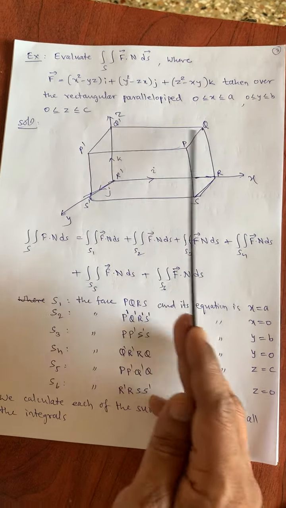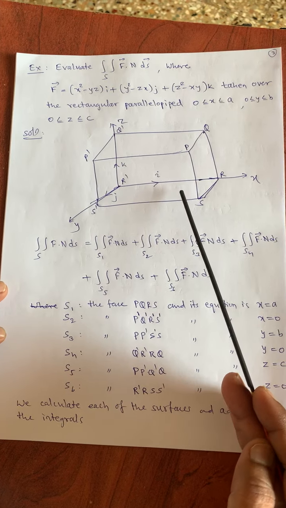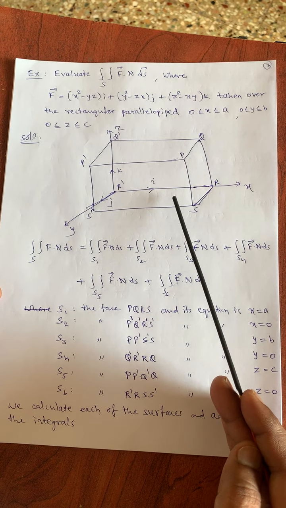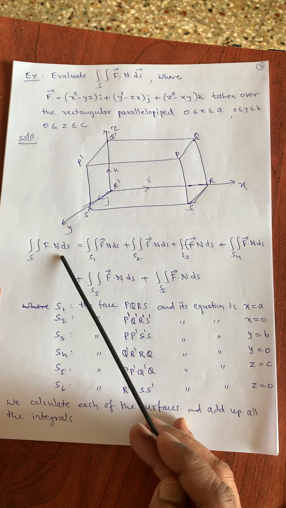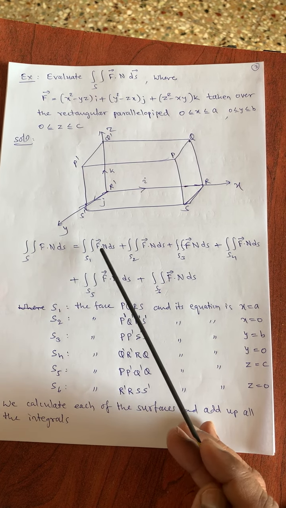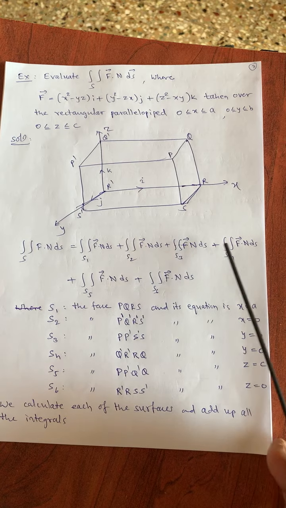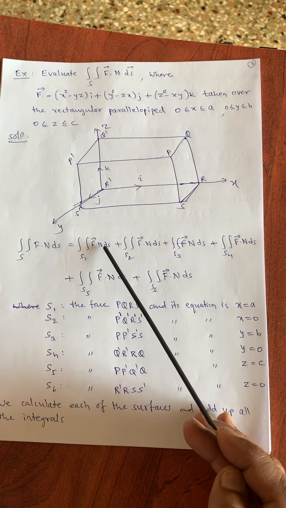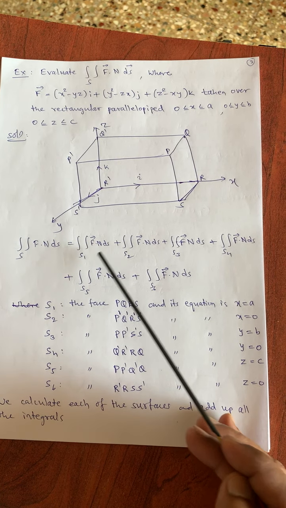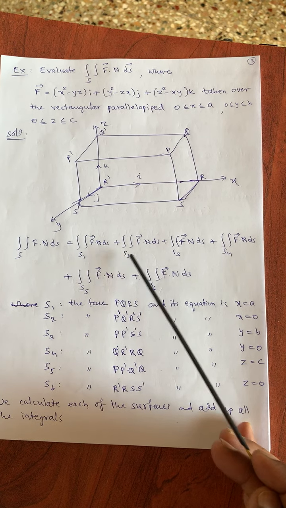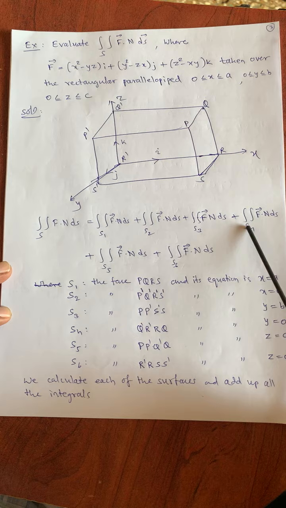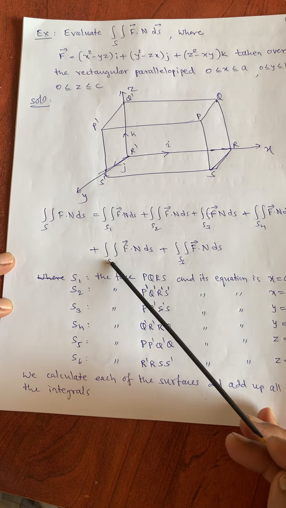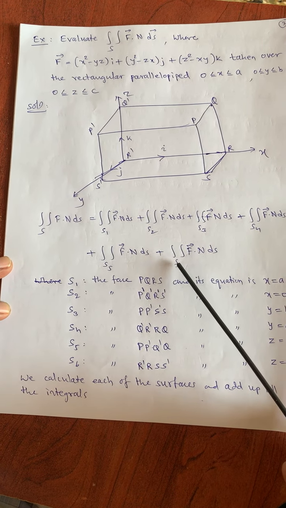As the diagram involves 6 faces, the problem involves 6 faces. Our surface integral equals the sum of the 6 integrals: the surface integral over S1 plus S2 plus S3 plus S4 plus S5 plus S6.